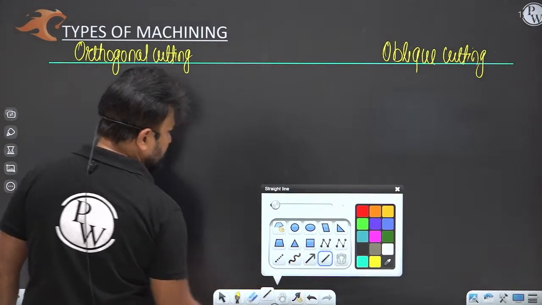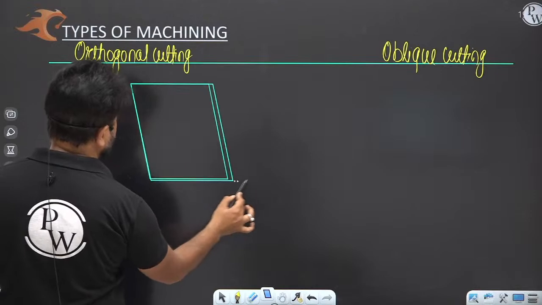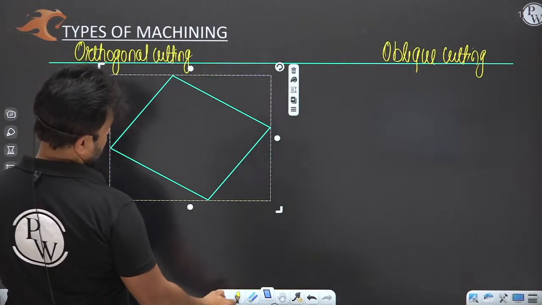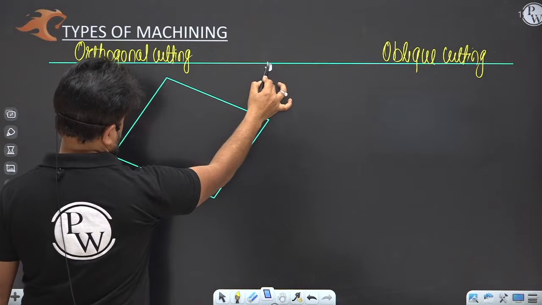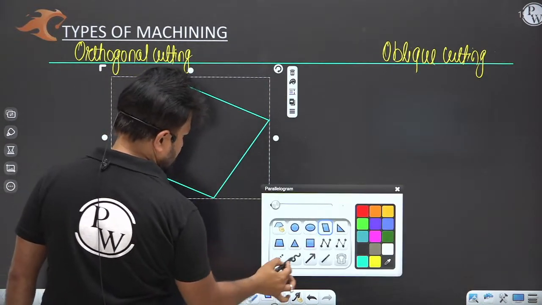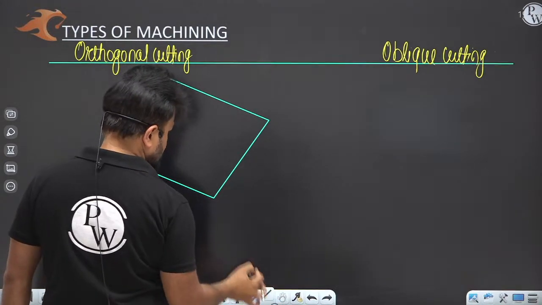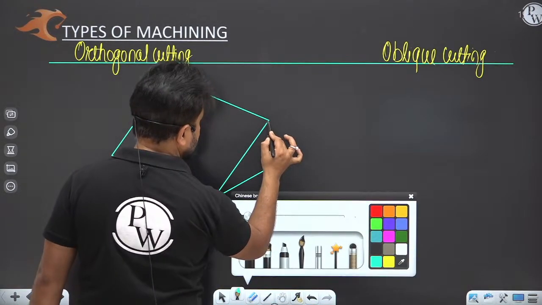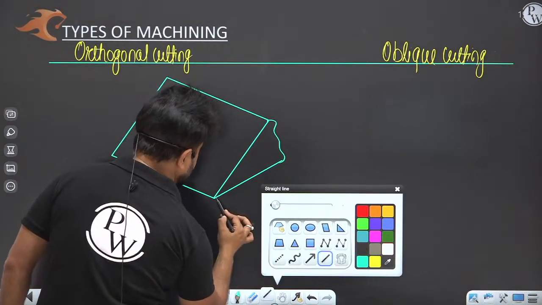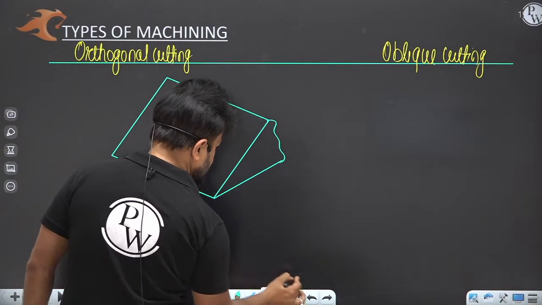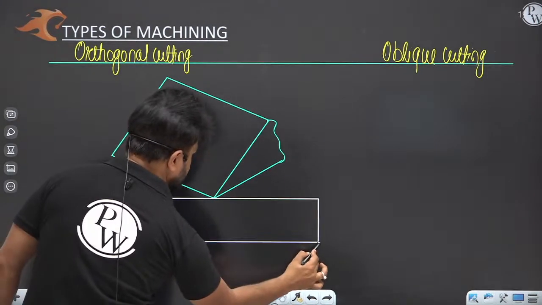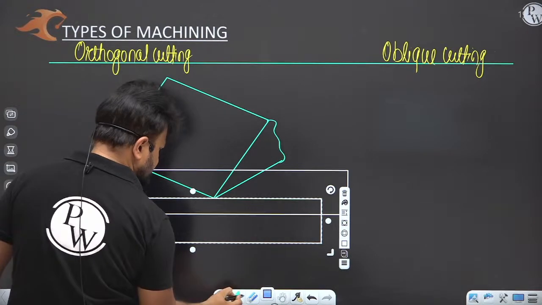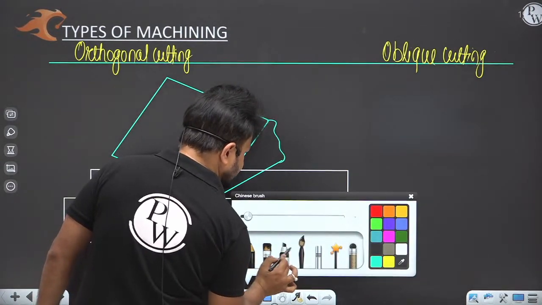Here I'm drawing the tool. This is a tool, and this is the workpiece which I'm drawing here. Try to understand the concept.